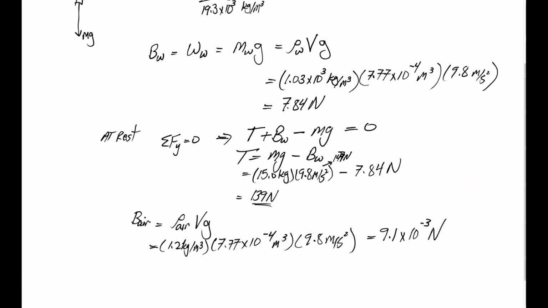And as we did before, if we look at the tension now at rest, it will be the 147 minus the buoyant force in air, which is 9.1 times 10 to the minus 3 newtons, which is going to be approximately 147, because this is 0.0091, so for all significant figures would be 147 newtons.